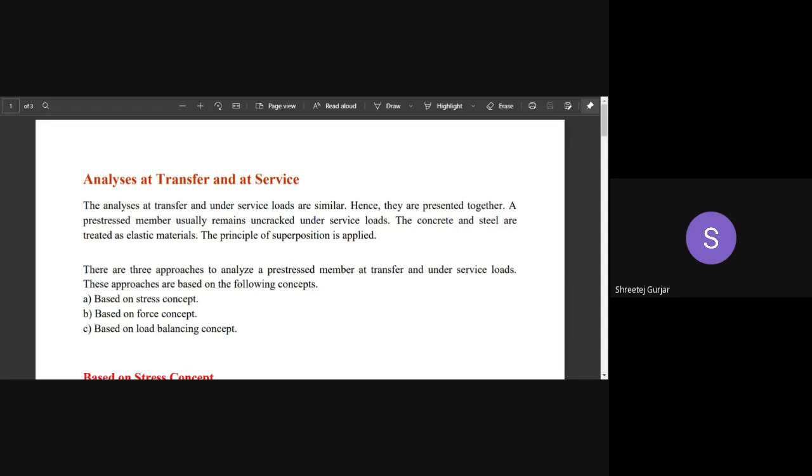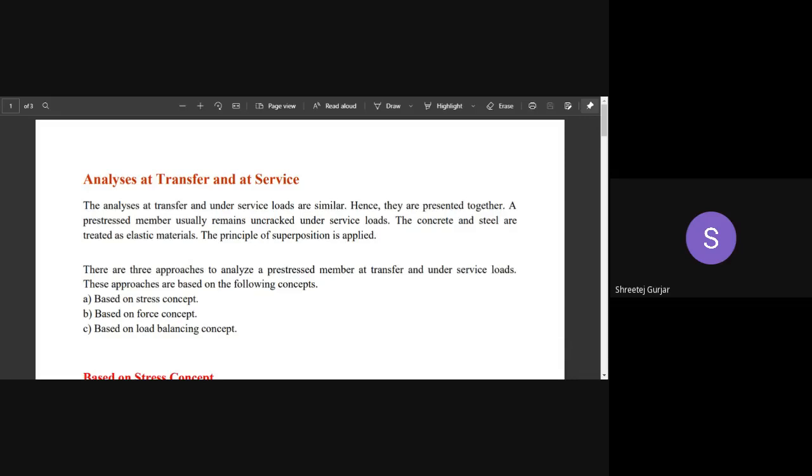The next stage is the service stage, wherein your member is put into service and live loads are coming in, right? So we will be dealing with the dead loads as well as live loads in your service stage. That is what is meant by transfer stage and service stage. We will learn how to analyze our pre-stressed members at the transfer and at the service stage.